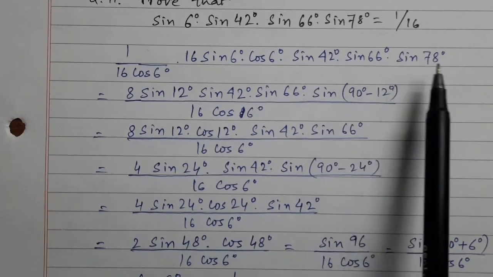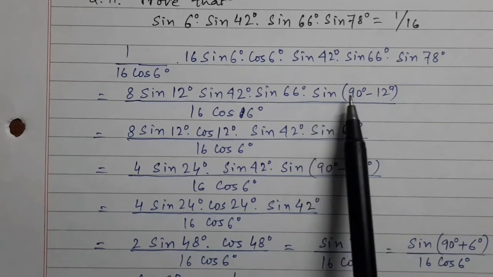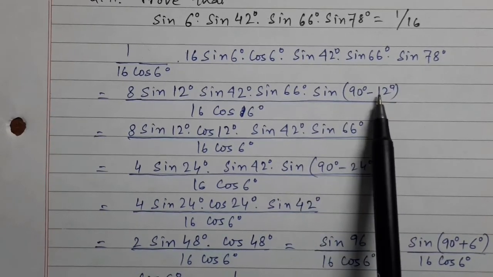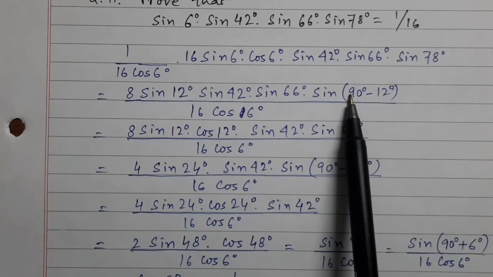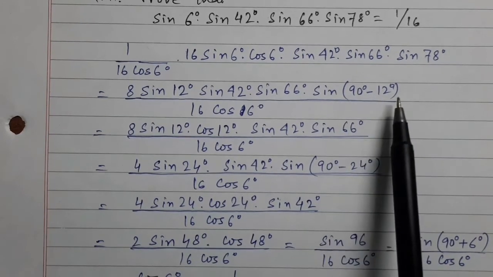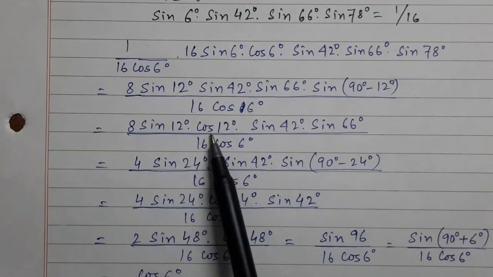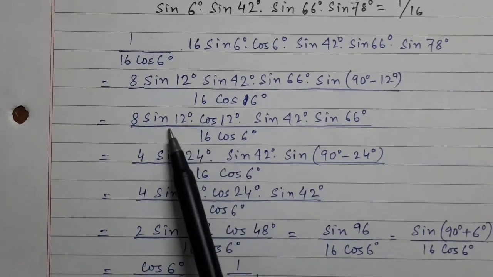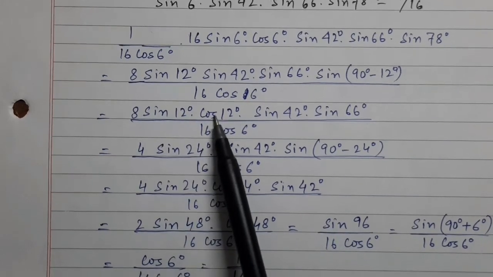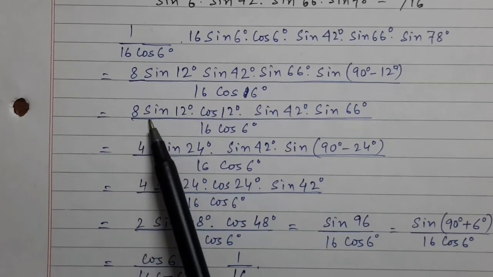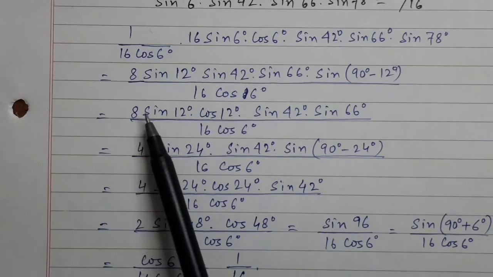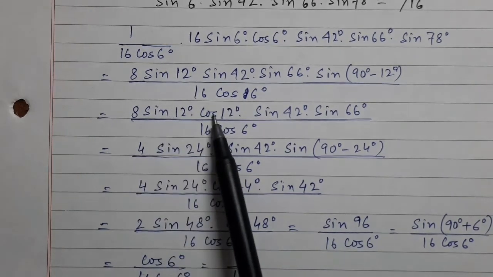Since it is sin 78 degree, we can write sin of 90 minus 12 degree. Now we can use the complementary angle property, so we can make it cos 12 degree. So I am writing the cos 12 degree here. So now it is sin 12 cos 12.